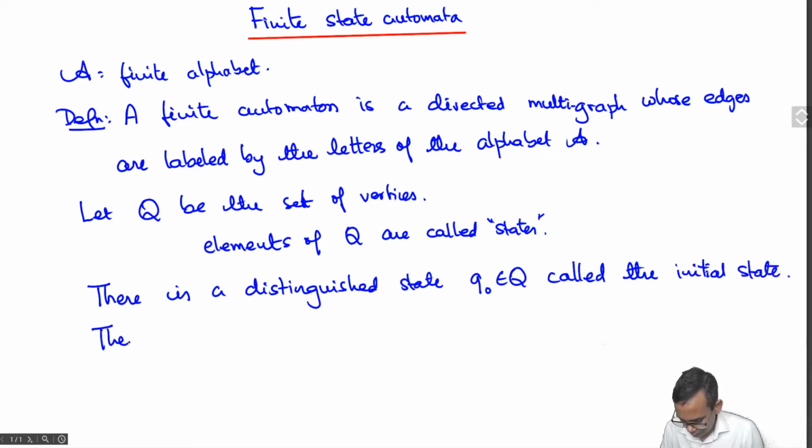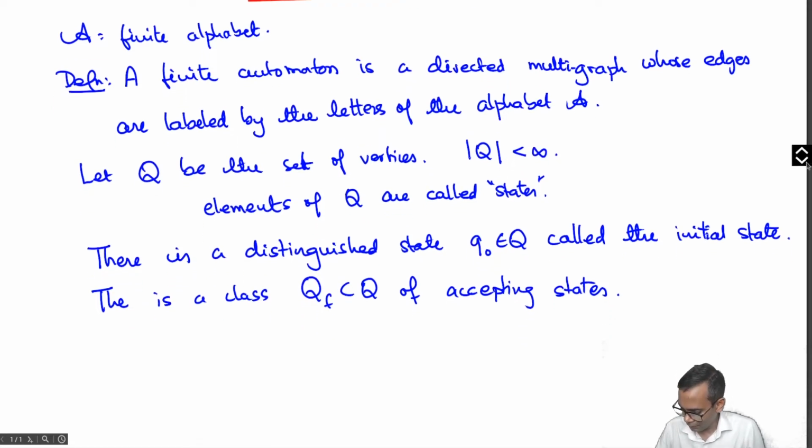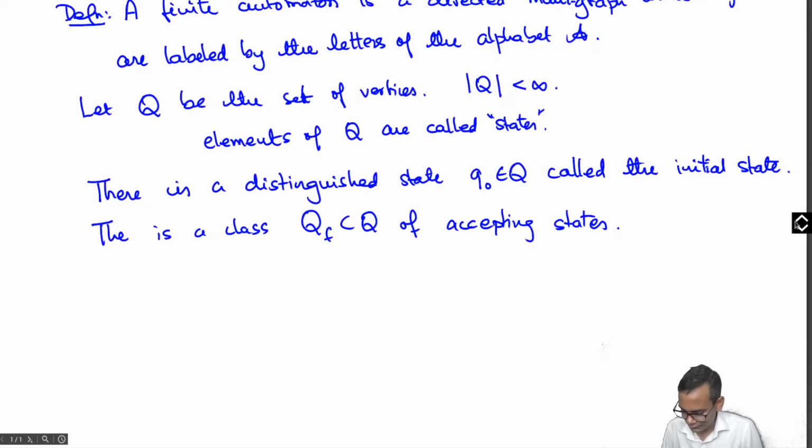Also, there is a subset, a class of states, accepting states. So that's it. That's the definition of a finite automaton. Finiteness here refers to this Q being finite. And let me just begin by drawing an example of a finite state automaton.